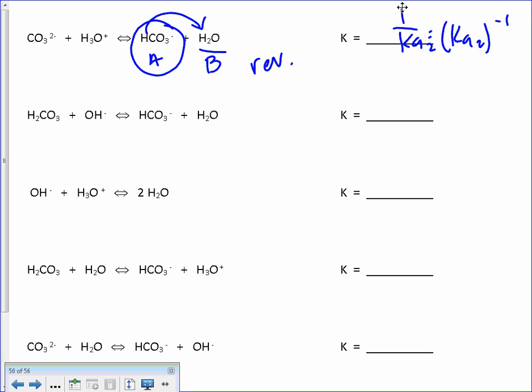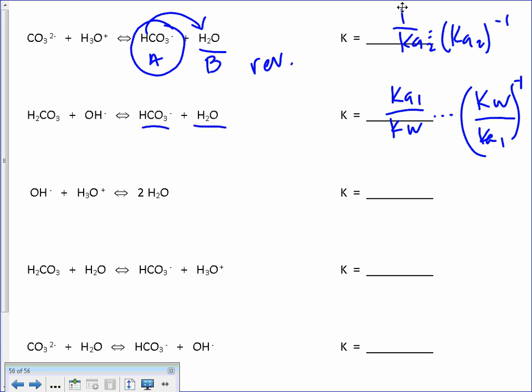Next one, what would you guys get? Ka1 over Kw. Hold on, I'm looking at the right one. K1 over Kw. So basically, you previously had Kw over Ka1, and it was reversed because water is a product again. So water being a product, interacting with this, happens in a Kb manner.